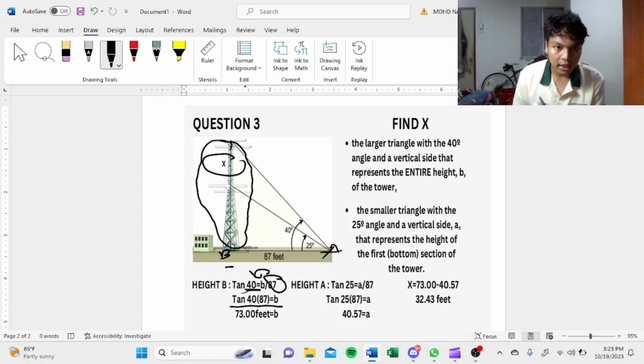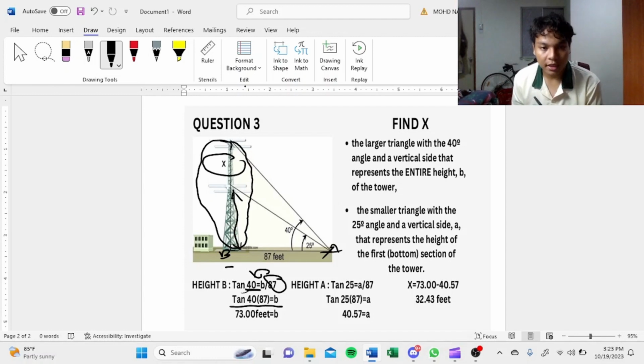We also need to calculate this height because the answer will be minus the whole height of the tower to find x. Okay, we use the same technique and the same formula to find the height of this smaller triangle, but we use a different degree because in the smaller triangle we got a 25 degree.